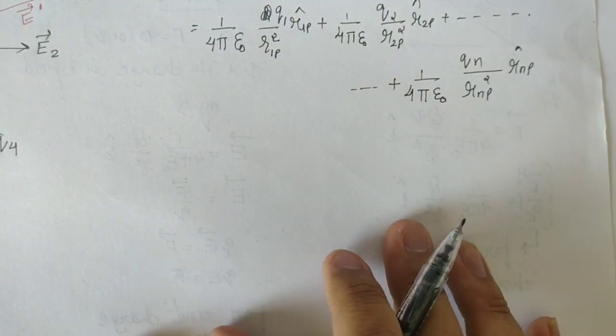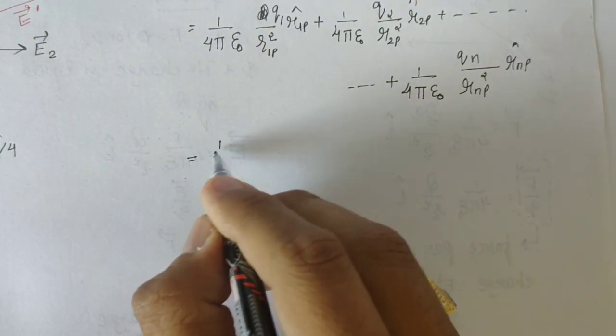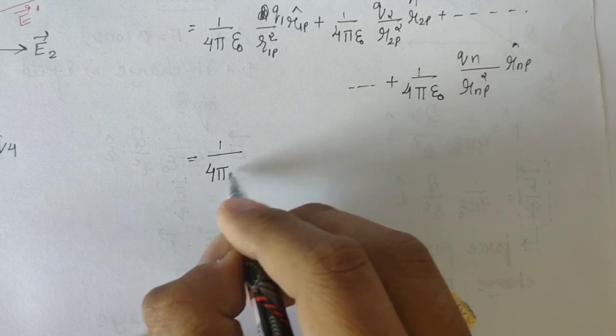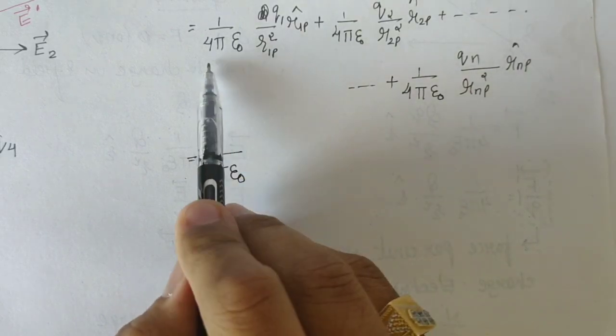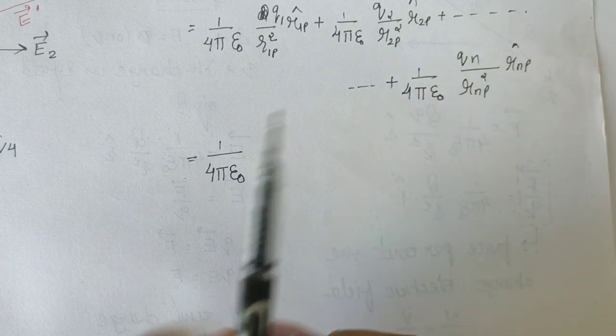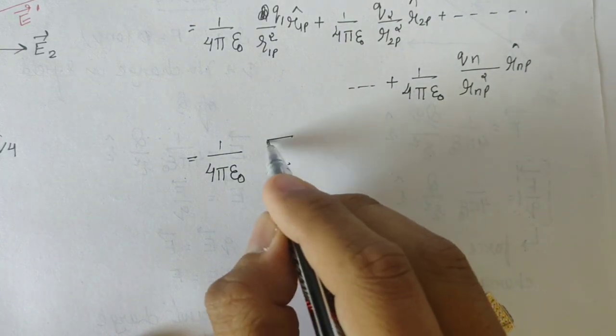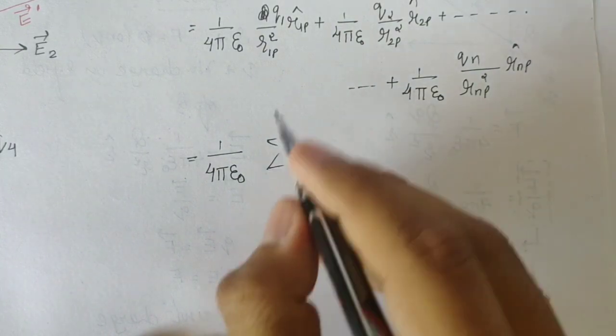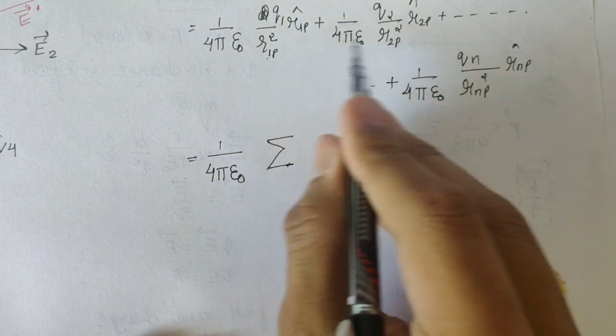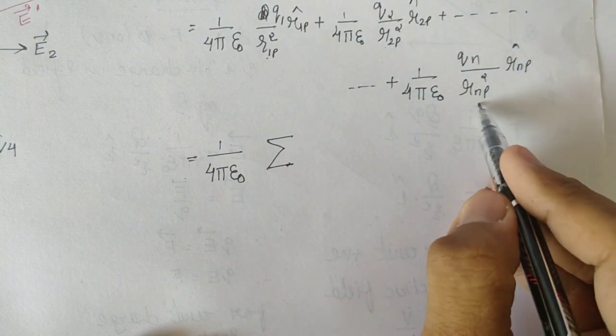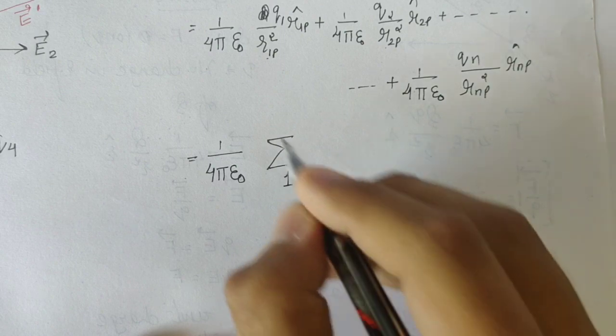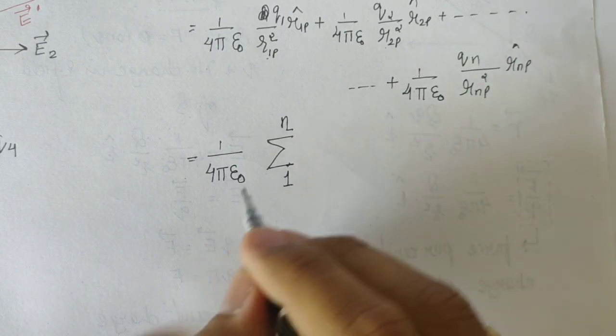Now write down: 1/4 pi epsilon 0 is common to all terms. Take sigma, starting from i equals 1, 2, 3, 4 up to n. The symbol is i.